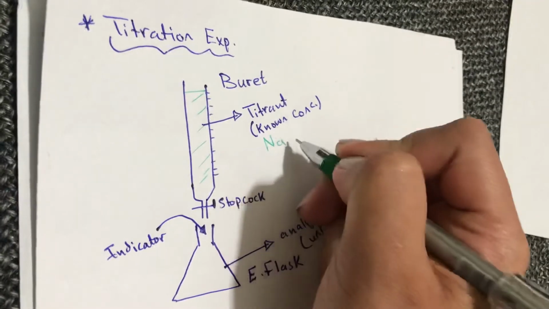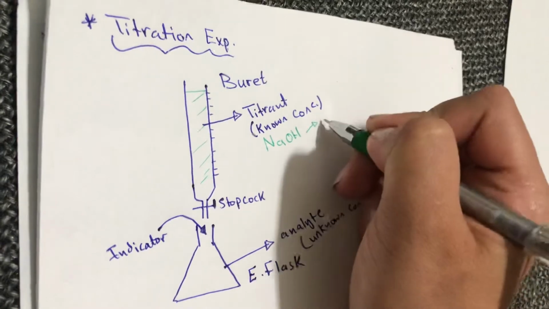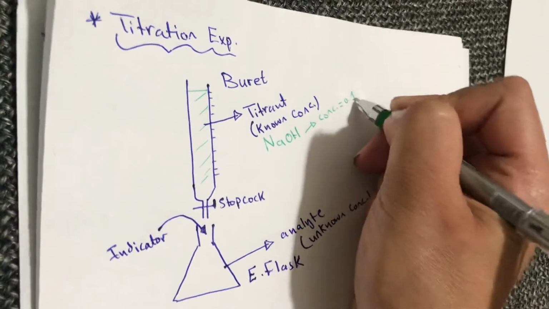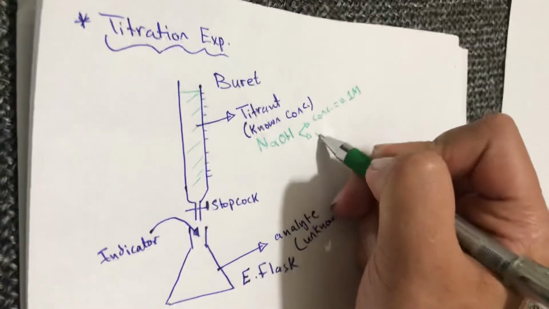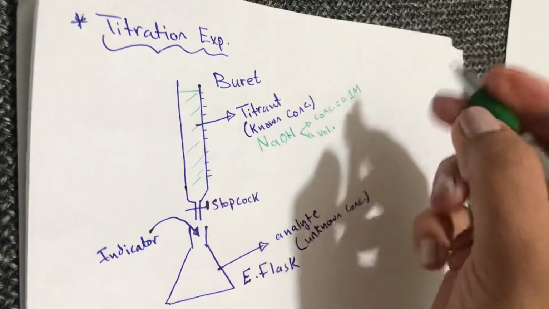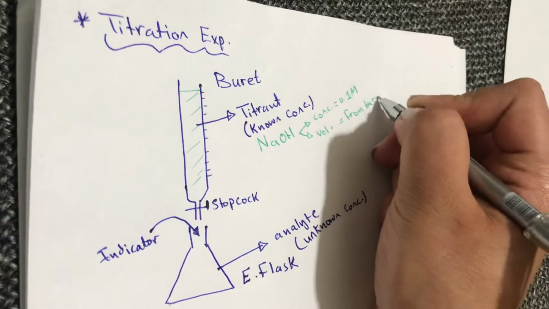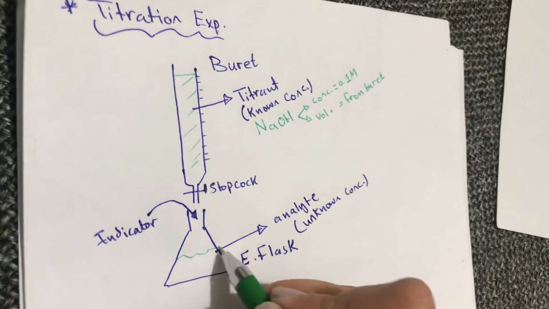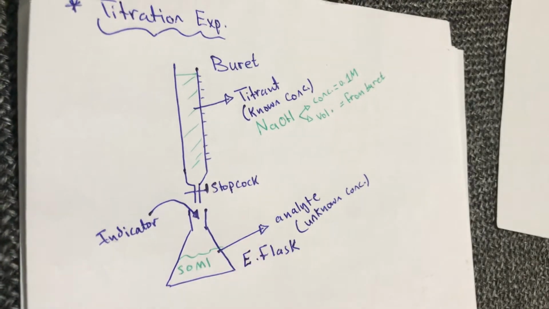You know its concentration, for example 0.1 molar, and you can get the volume from the burette. Here in the flask, you add 50 ml of HCl.